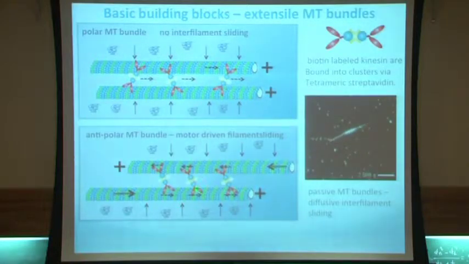And so when it unbinds, it can again rebind because there are a lot of binding sites. If the microtubules were isotropic, the effective sliding of the filaments would be much less efficient. And so what you should remember is: polar microtubules, no interfilament sliding. Antipolar microtubules, you get this interfilament sliding.